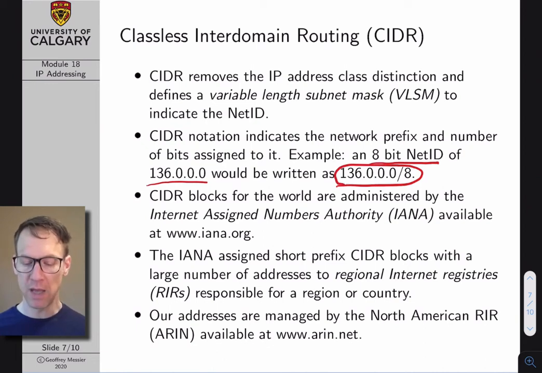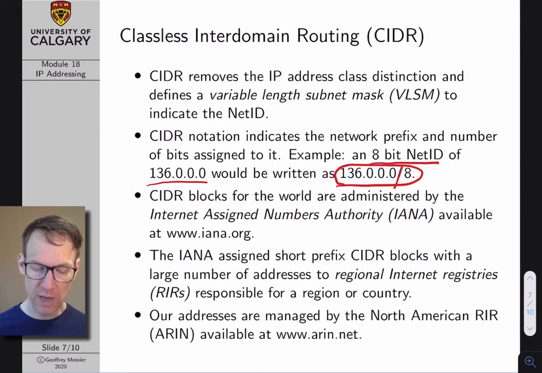And we do that by writing a slash and then the number of bits used for our network ID. And the reason for that is because it's not enough to just zero out a portion of the address and then assume that only the non-zero bits are part of our network ID.